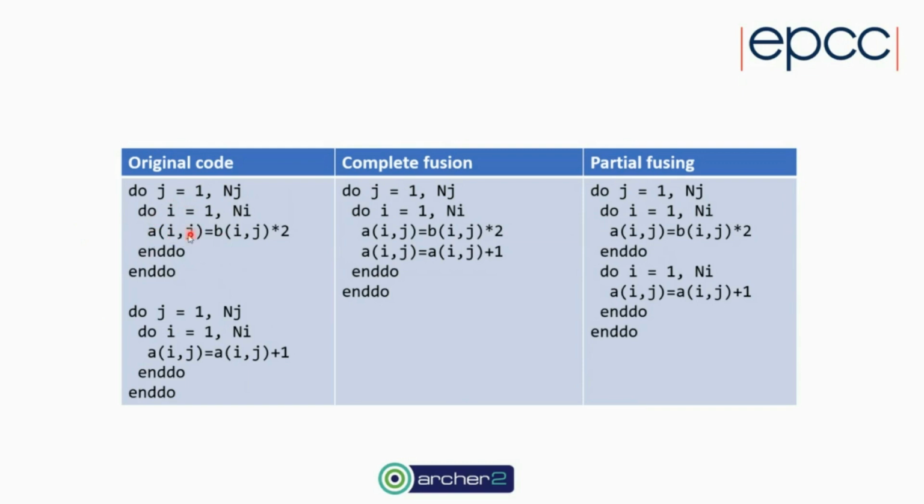But by the time you've got to the end of the A array, actually all the stuff you loaded at the beginning, the first part of the A array, has been kicked out of cache by B or by new elements of A. So it's no longer there anymore. And then you come back around to this here, and you end up having to reload A back into cache from memory. And if A is big enough, that's certainly definitely possible.